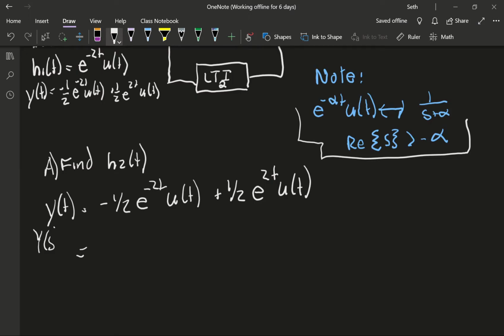Y of s equals minus 1/2, with alpha here being 2, plus 1/2, where alpha here is going to be minus 2.